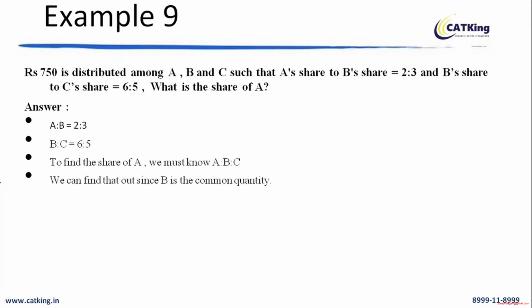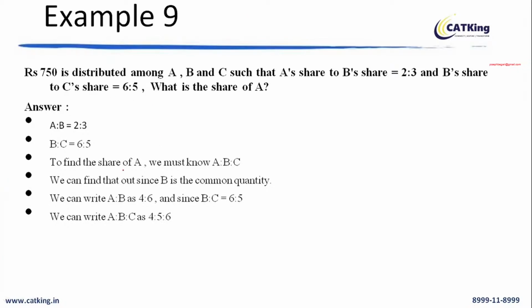Since B is a common quantity, we can convert using the LCM of 3 and 6, which is 6. So A is to B is equal to 4:6 and B is to C is equal to 6:5. So the continued ratio becomes 4:6:5. There is a printing mistake here. It is not 4:5:6.